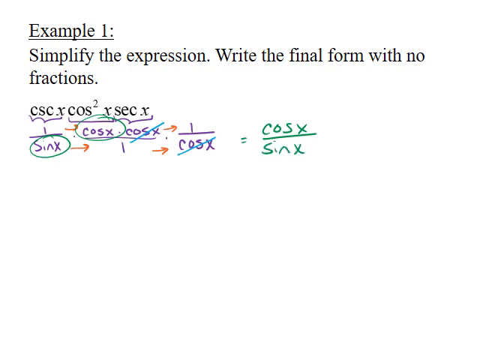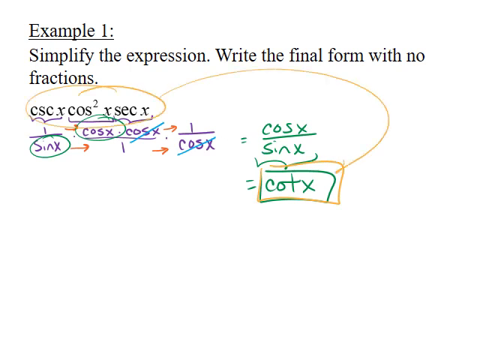I know I am not done because my final form is written in a fraction. So I should remember that if I have cosine on top of sine, this can be reduced to cotangent of x. And this is it. So I have simplified this expression to this.